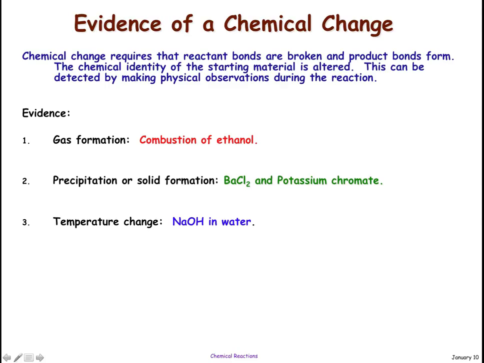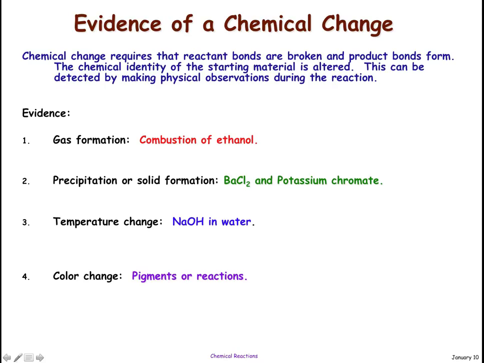You have to use your sense of touch or a thermometer. A temperature change generally accompanies a reaction, because when bonds break and bonds form, that involves energy, and that changes the temperature. Either it goes up or goes down. The last sign that a chemical reaction has occurred is a color change.